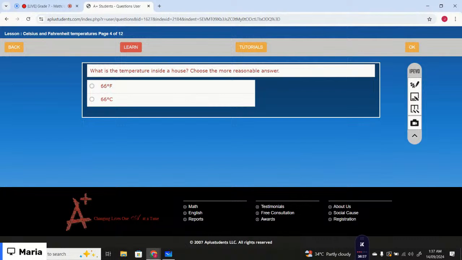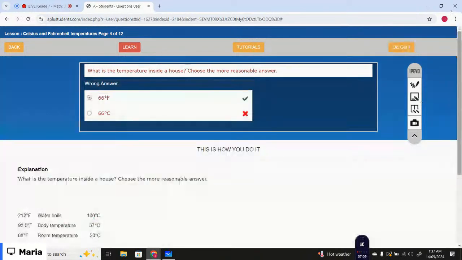What is the temperature inside a house? 66 degrees Fahrenheit or 66 degrees Celsius? The correct option is 66 degrees Fahrenheit.